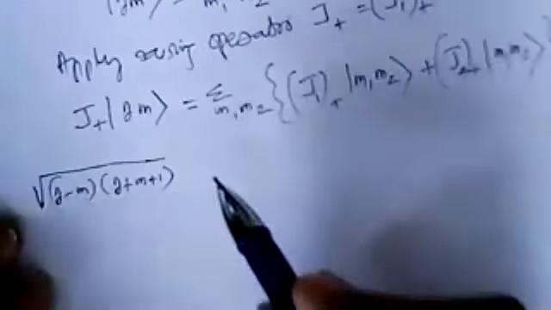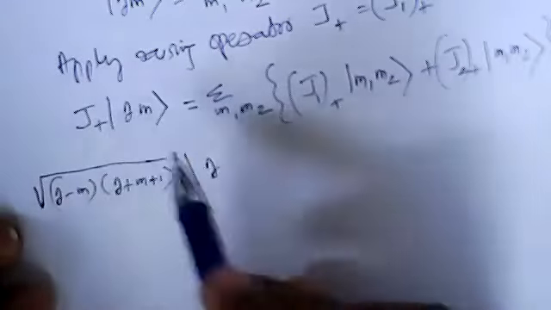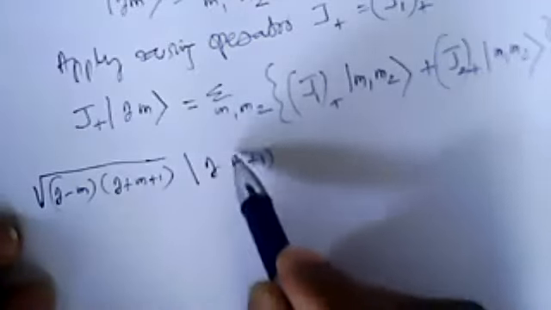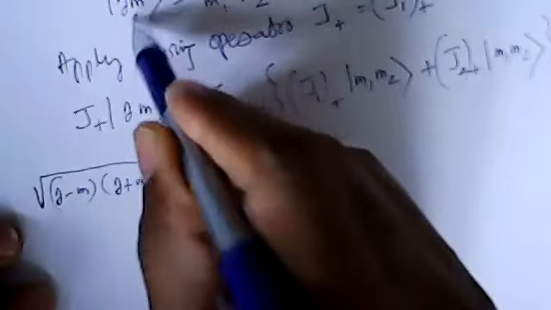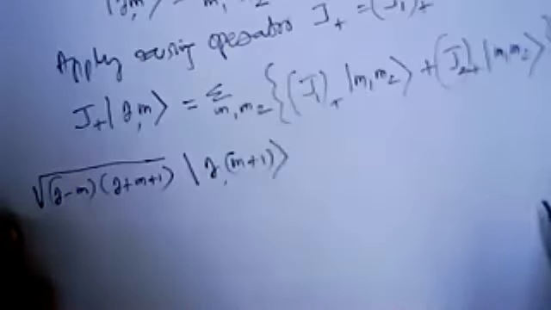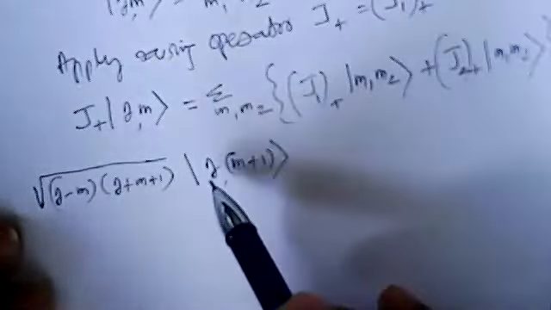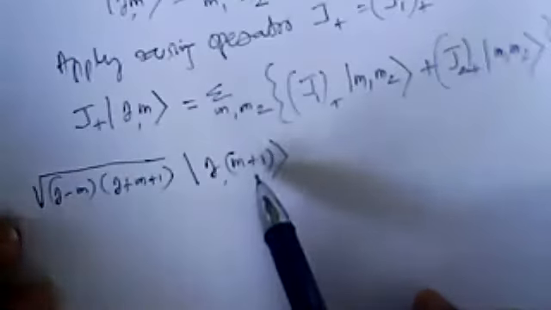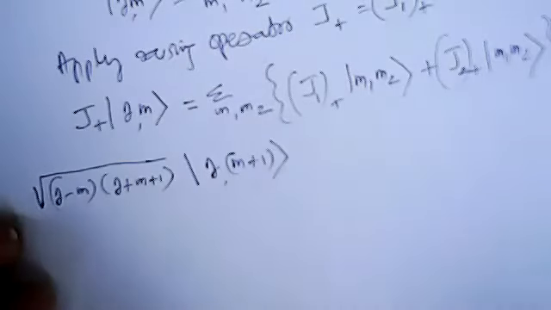Then ket |J, M plus 1>. No change for J, it raises only the M value. M becomes M plus 1. Here you can put a comma, no problem. This is not a product. One entry represents one quantum number, M plus 1 represents another. So you can put a comma here, no problem.